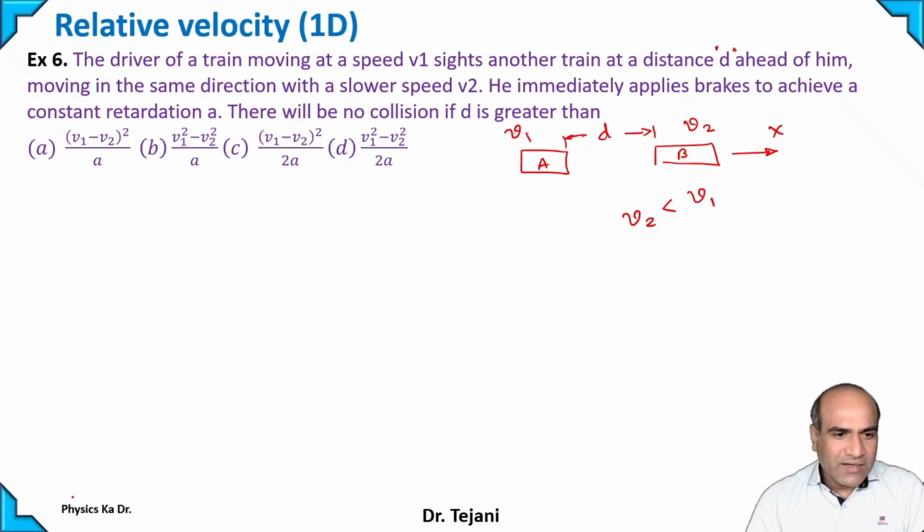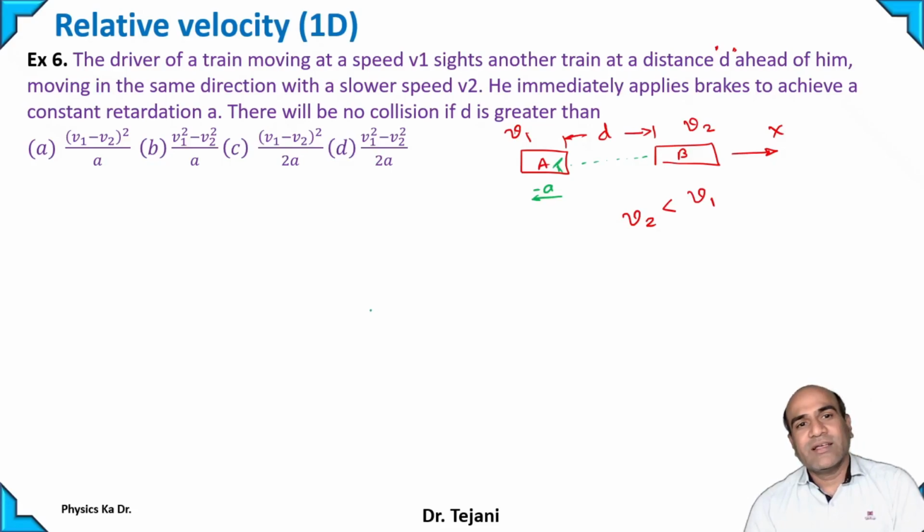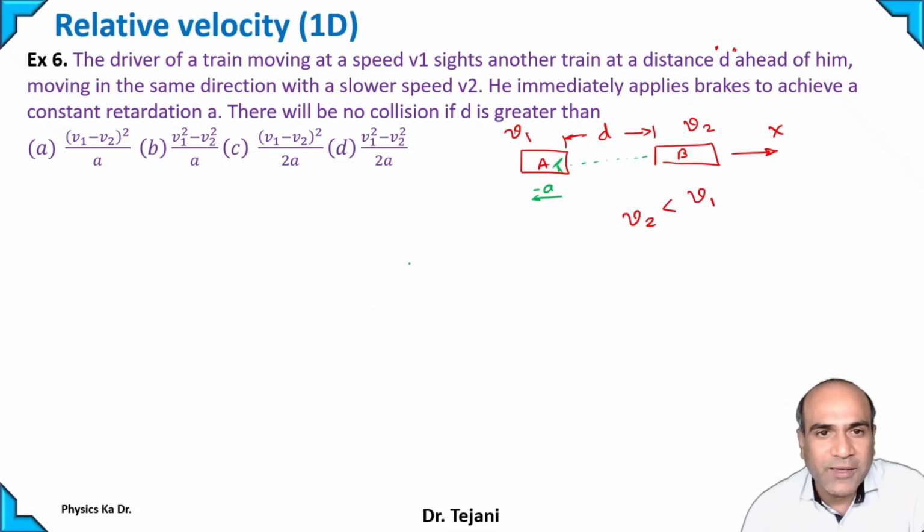So the driver of train A presses an immediate brake to avoid collision, and he achieves a retardation, so it should be in the negative direction, and because of that there should not be any collision between these two. Four options are given. A is v1 minus v2 square by a. B is v1 square minus v2 square by a. C is v1 minus v2 square by 2a, and D is v1 square minus v2 square by 2a.